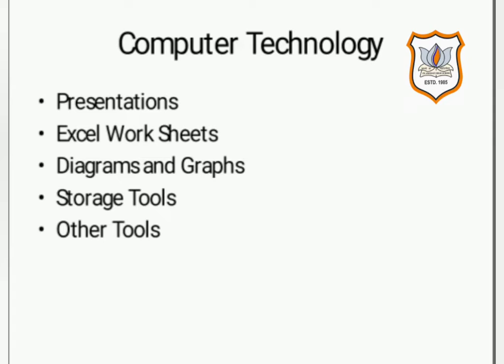So we can preserve this material in a computer. Also, it can be carried anywhere by transferring it to a hard disk or a pen drive. This material can also be transferred by email or Google Drive or even DigiLocker, and thus this material can be accessed in any part of the world.